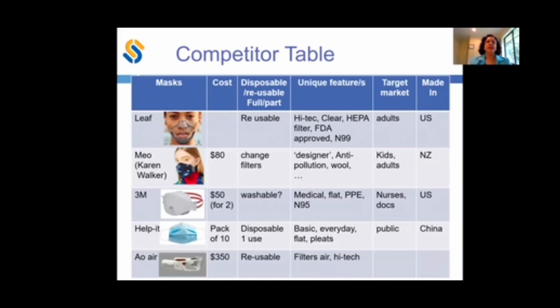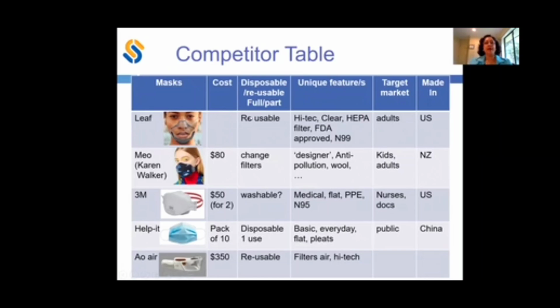Okay. So in this case, I've actually made a competitor table, which is another really good method to use. And it's good to lay it out like this, where you have the names of the product, you have a visual image of those different products that are available. You also have the cost or the cost range that you can find out and fill in this table.